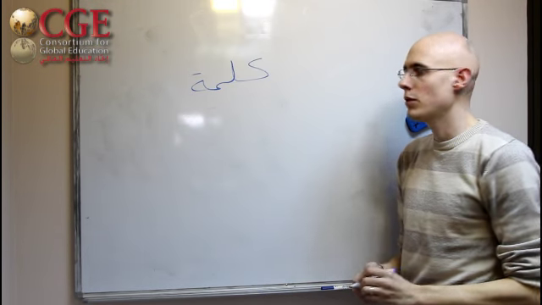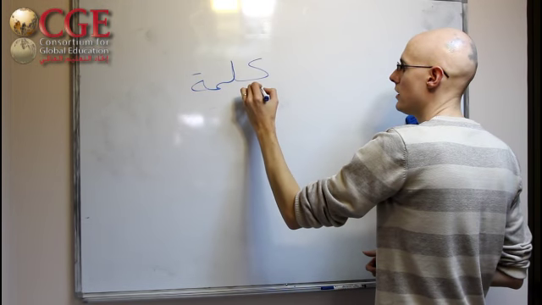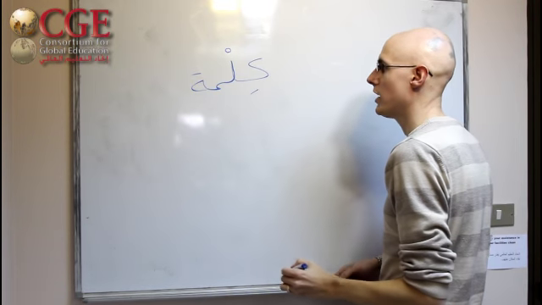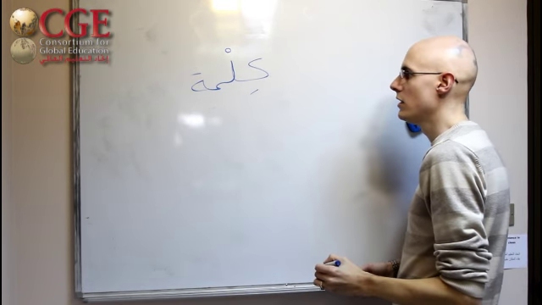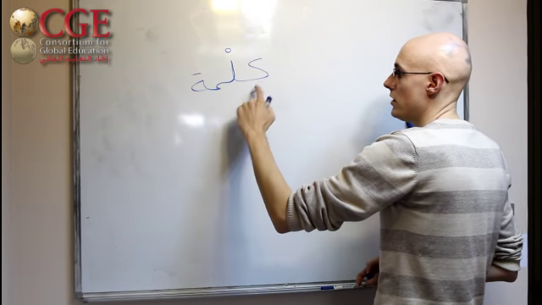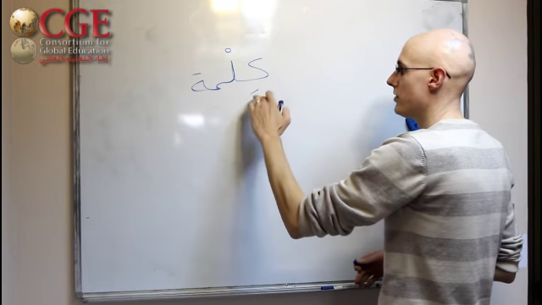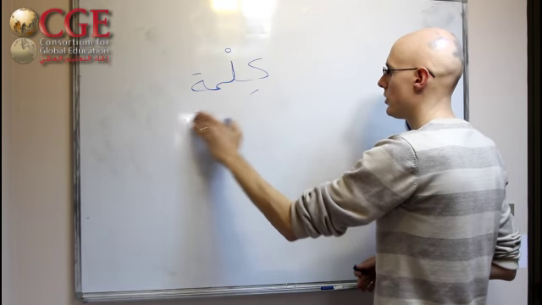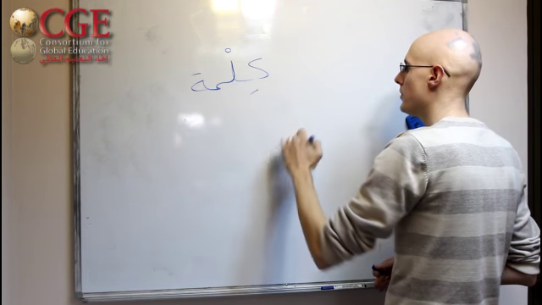Can we figure out what this is? I'm going to write this according to how we say it in the dialect. Now, usually we don't even include any sort of vowel markings here, but of course when you're first learning the word, it's very helpful.